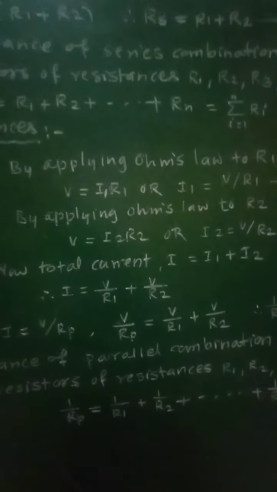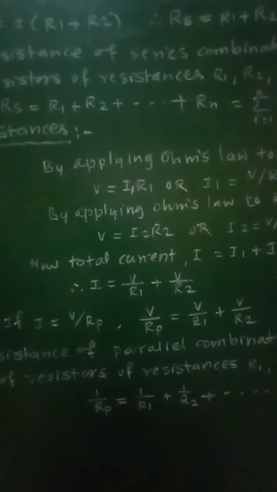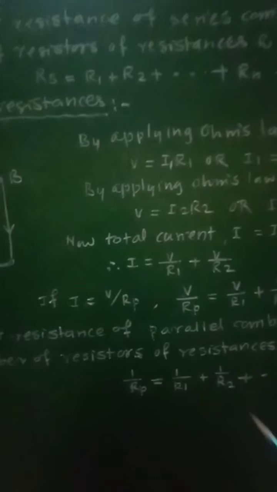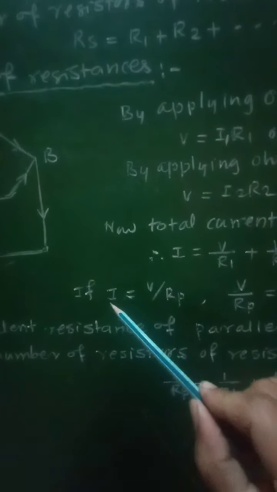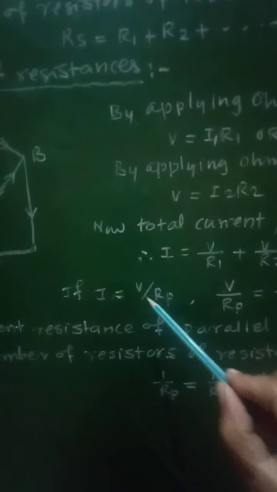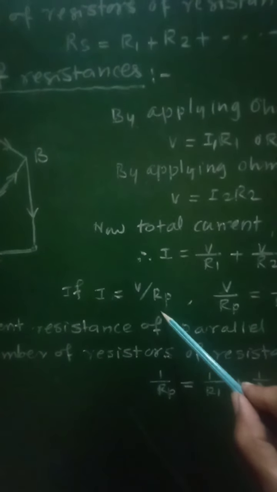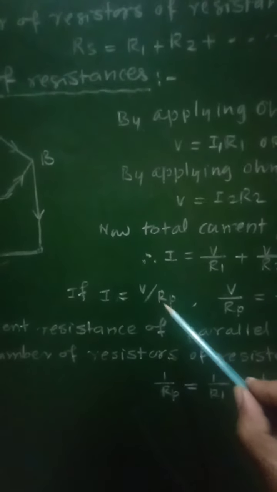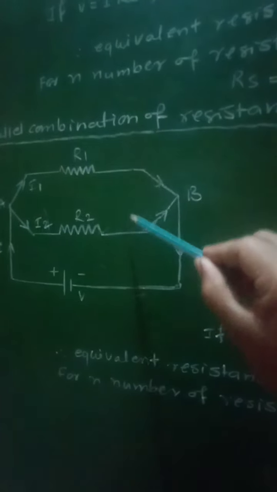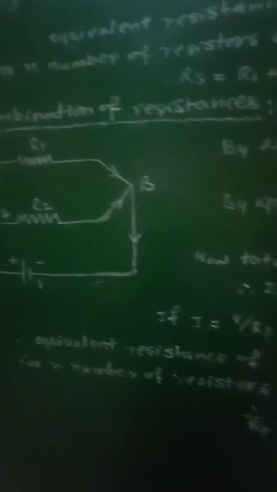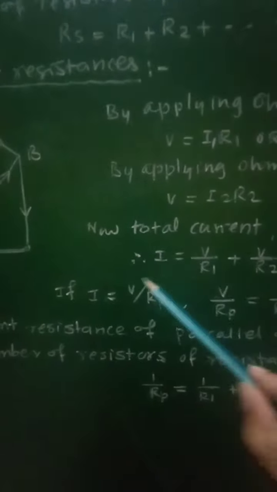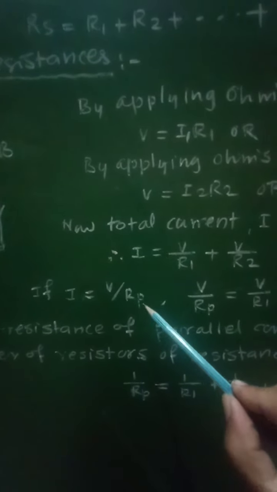Now as the resistances are connected in parallel, if the total current I is equal to V by RP, where RP represents the equivalent resistance of this parallel combination, then I will be equal to V by RP.